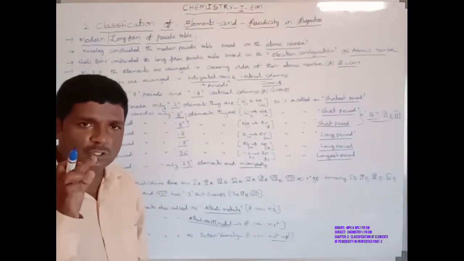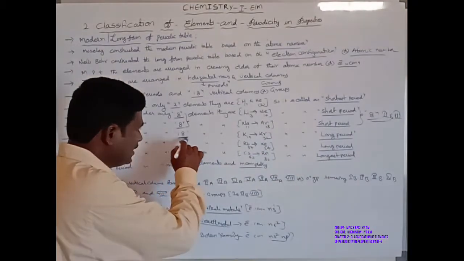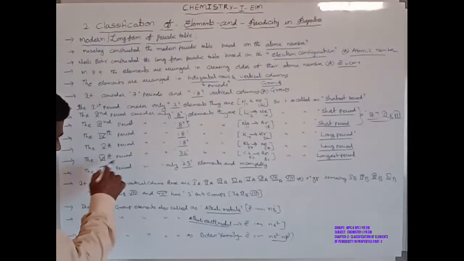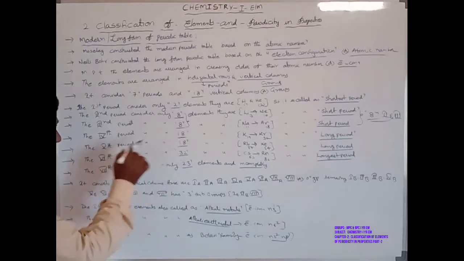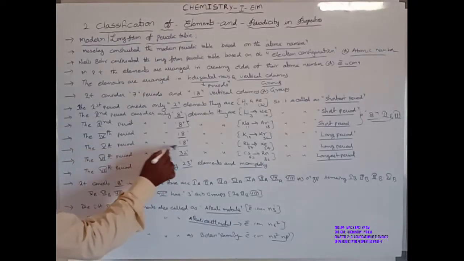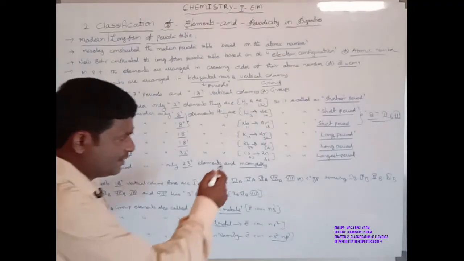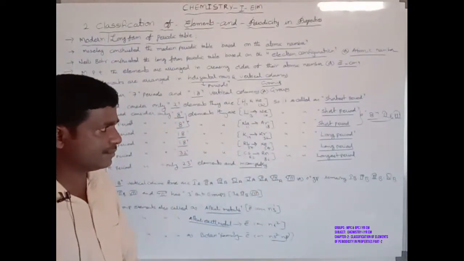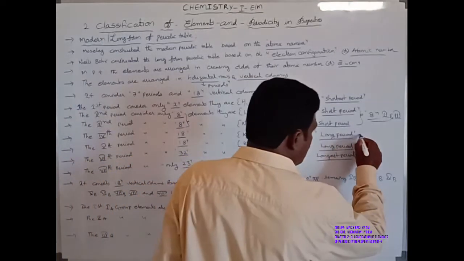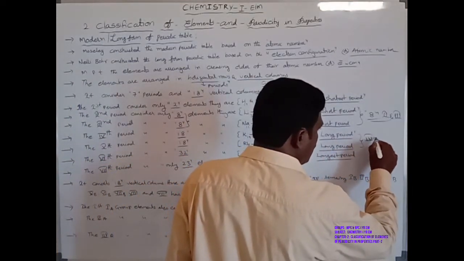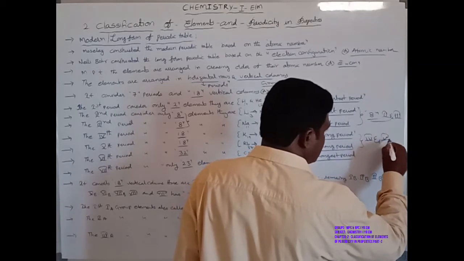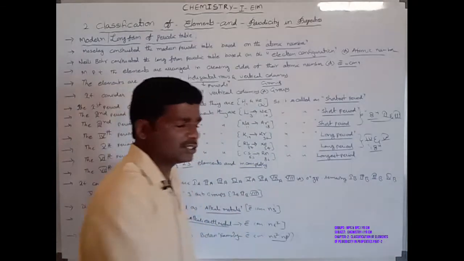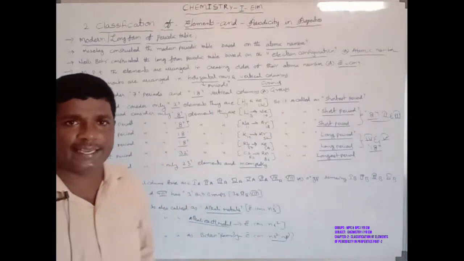The fifth period also consists of 18 elements, starting with rubidium and ending with xenon. The fourth and fifth periods consist of only 18 elements, so they are also called long periods.